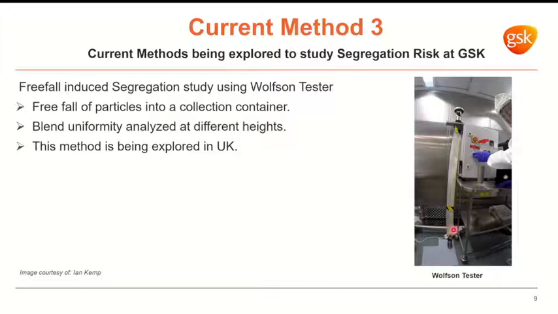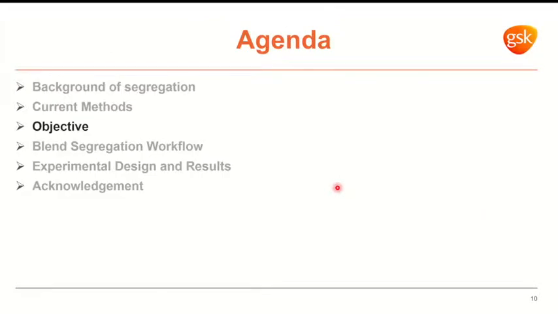The particles are then collected at different heights in this container at the bottom, and their composition is analyzed at different heights using HPLC, and the segregation risk is thereby studied. So these are the three methods which are currently being used at GSK and in other pharmaceutical companies to study the segregation risk. Now I'm going to talk about the method that I have developed to study the segregation risk of a pharmaceutical blend.